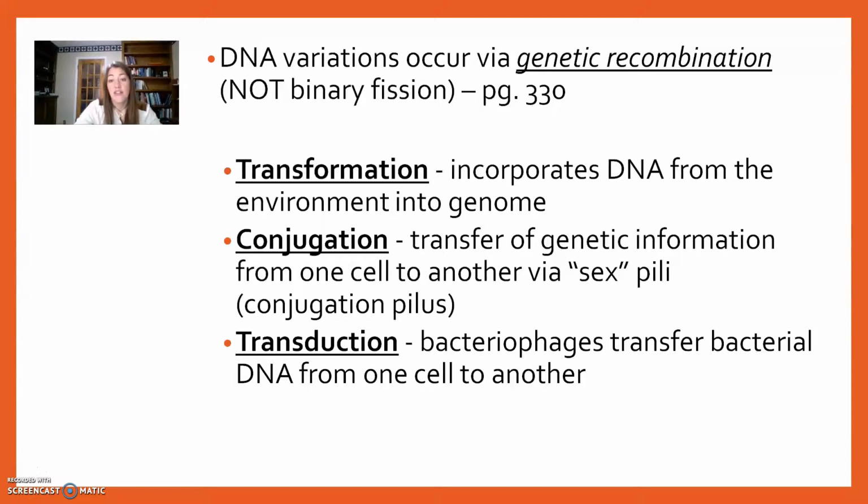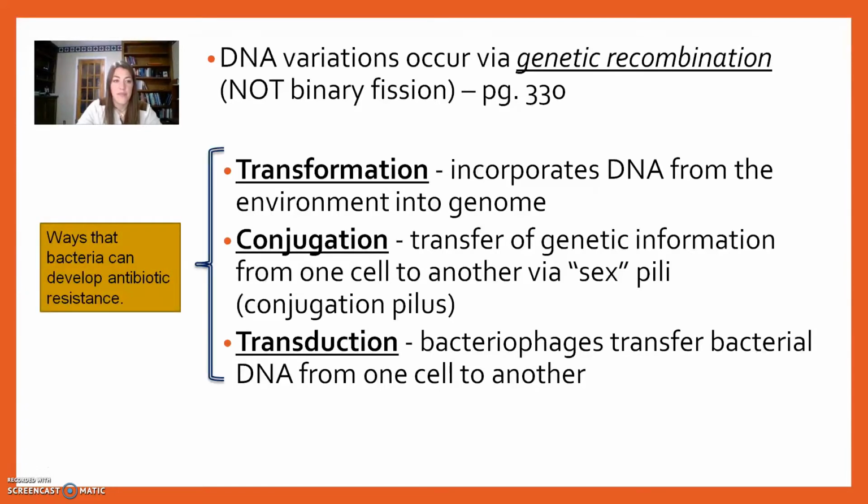This is when that bacteriophage, so this is specifically for bacteria, remember the bacteriophage, the virus, transfers bacterial DNA from one cell to another. So these three methods are ways that bacteria can actually develop antibiotic resistance because they have different genetic information, which leads to our antibiotics not destroying this specific, let's say, peptidoglycan of the bacteria.